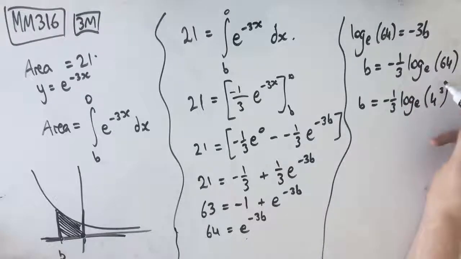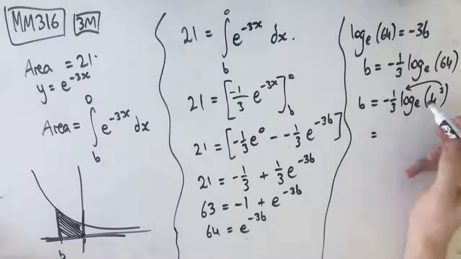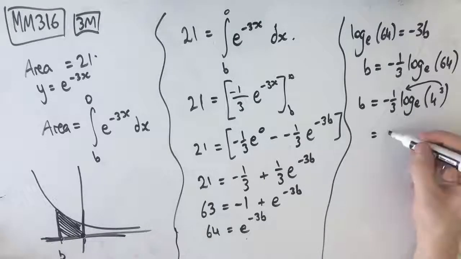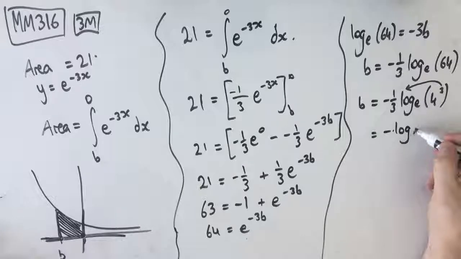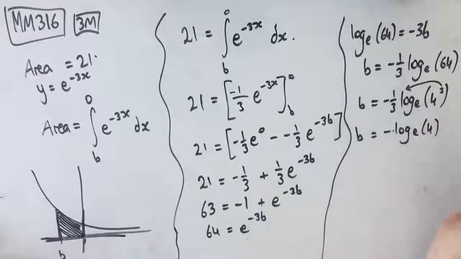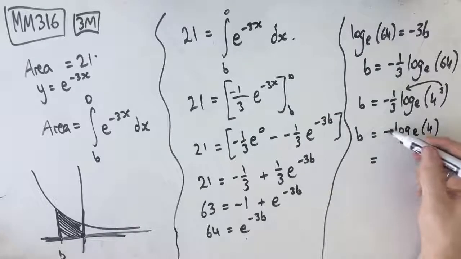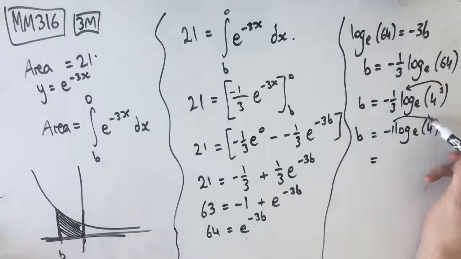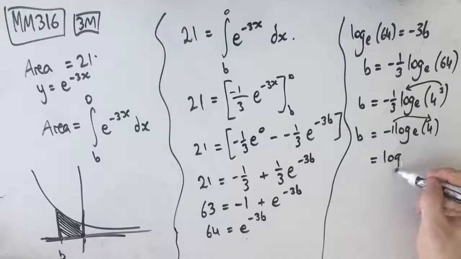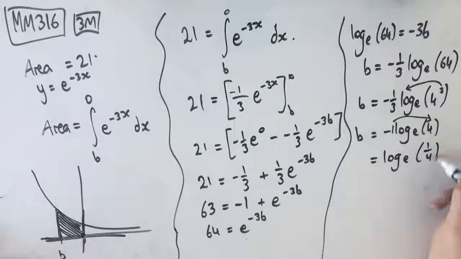And then according to our log law, this power, this 3, can multiply out the front. So we get negative 1/3 times 3, which is just negative 1. So negative log e of 4. We can leave it like that. That's completely correct. But it's also correct if you want to take that negative 1 out the front and put it to the power of 4, which means that you'd get log e of 1/4. Either way is up to you.